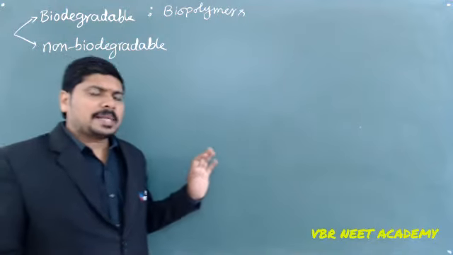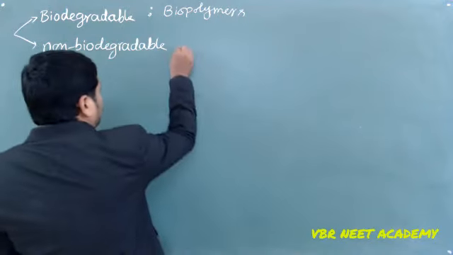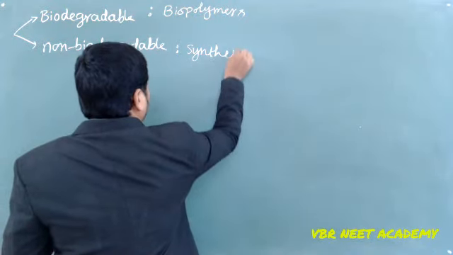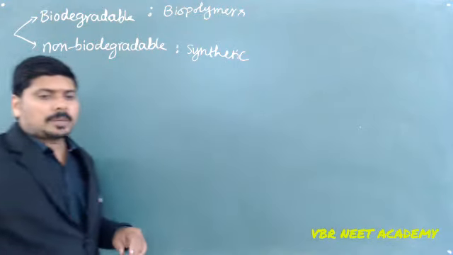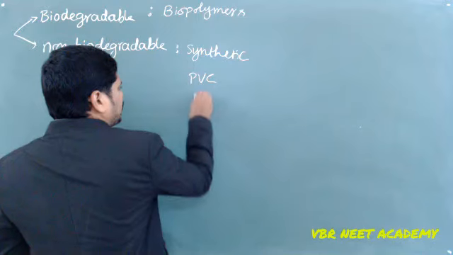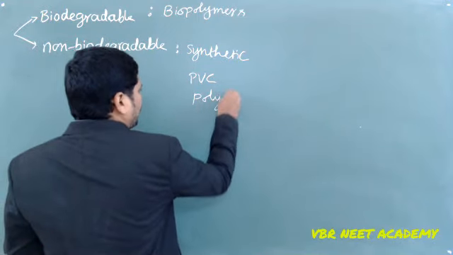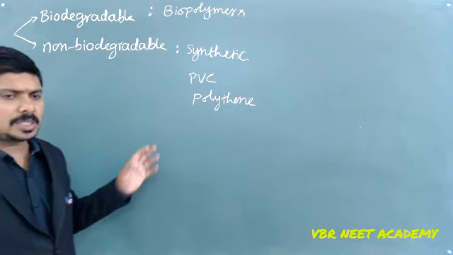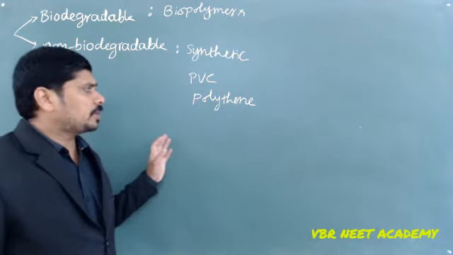And most synthetic polymers come under non-biodegradable: PVC, polythene, that is what we have nowadays. A lot of the pollution problem is from polythene only, which is not biodegradable. That's the problem we have.